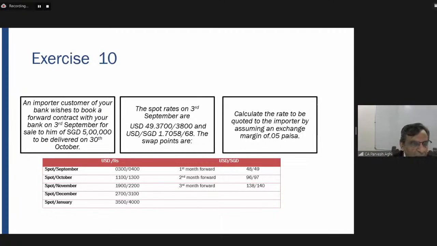So 1100 oblique 1300 for the dollar is in the right direction. So this is not the reverse of bid ask, but it is the right thing because the bid is low and ask is more. Similarly, the 2 month forward rate is also. So that means the US dollar is showing an appreciation, and similarly in Singapore also the dollar is showing an appreciation.